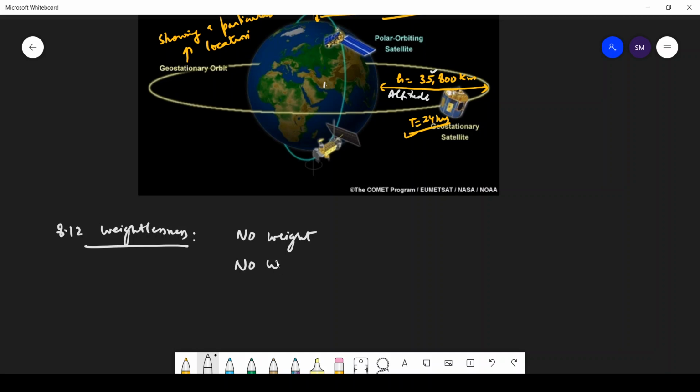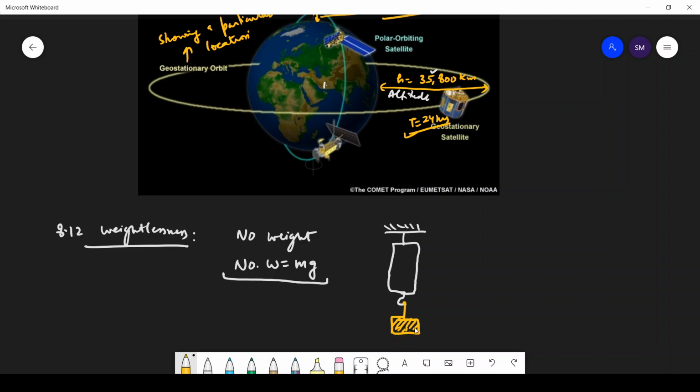Weight is your mg, so no mg, right? How can it be possible that there is no mg? See, you have a spring balance, right? You weigh using a spring balance, so you have tied a mass over here.